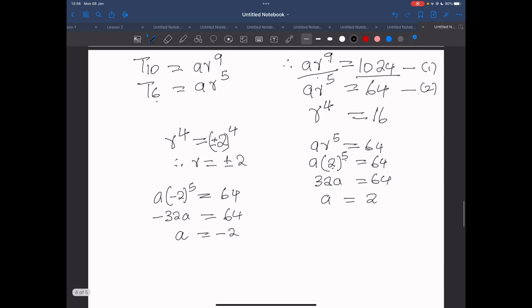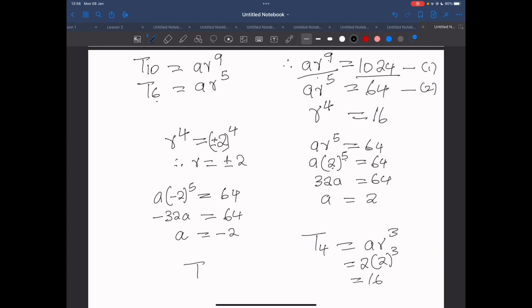For example, if we are to calculate term number 4, we will say it's ar exponent 3. So we can substitute any of this. If a is 2, R is also 2 to the power 3. 2 to the power 3 is 8 times 2 is 16.